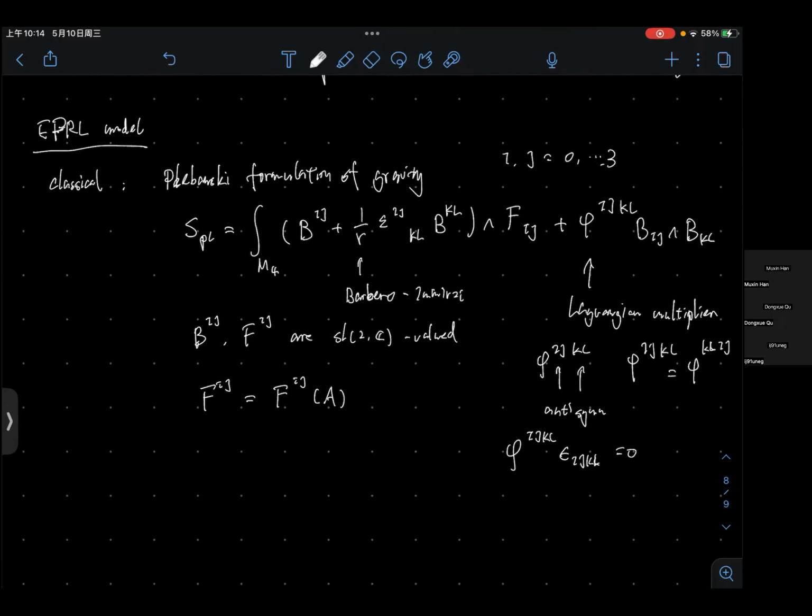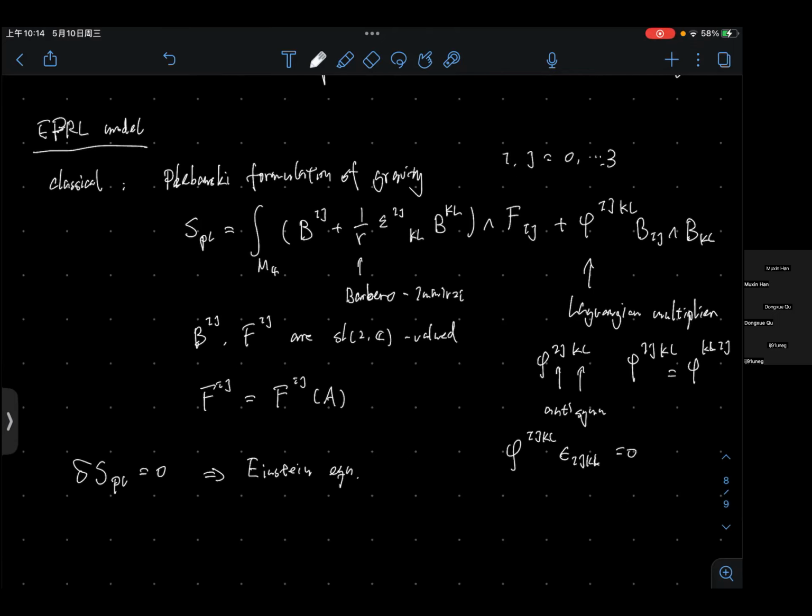If you study this classical theory and compute the variational principle, deriving the equations of motion from the Plebanski action, you can check by yourself that you get the Einstein equation. In that case, this Lagrange multiplier phi will become the Weyl tensor in general relativity.